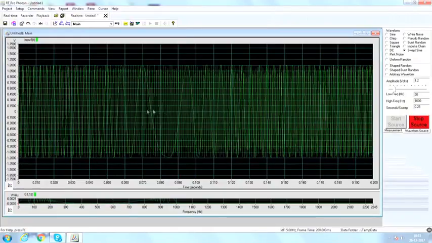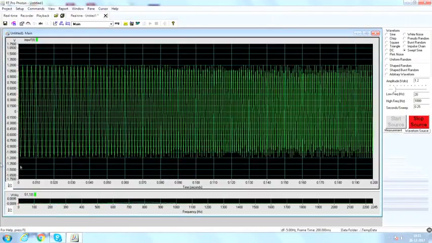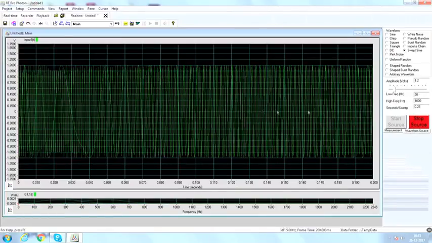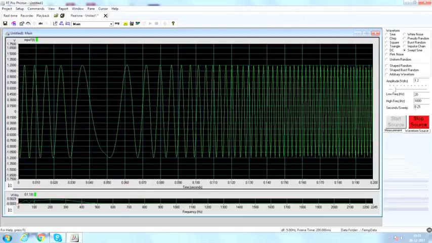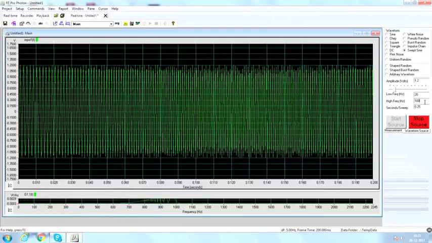So you see in the same time window, 0.2 seconds, I am having the signal frequency go from 200 hertz to 1000 hertz. Okay, I can further reduce it.